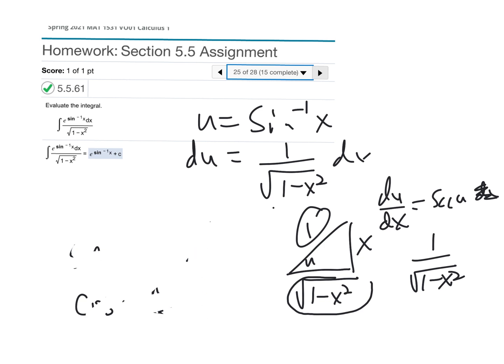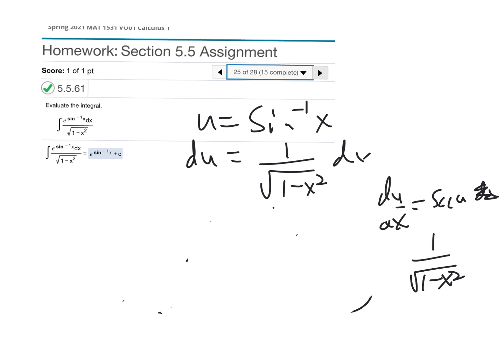Okay, so now let's get back to the integration process in this problem. Here, let me clean up some space here. I hope you see now that I've got the e to the u, and then I have the dx and the 1 over the square root of 1 minus x squared.